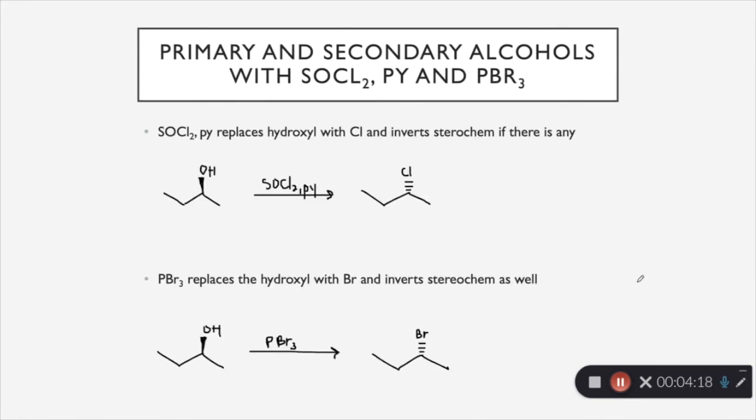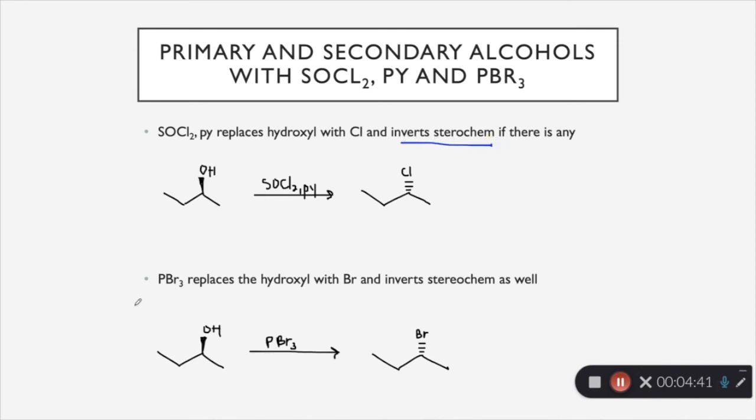Now we're going to talk about primary and secondary alcohols with SOCl2 and pyridine and then PBr3. SOCl2 is going to be used to replace the hydroxyl with a chlorine. And again, the pyridine here is just going to act as a catalyst. And notice that this is going to invert the stereochem.